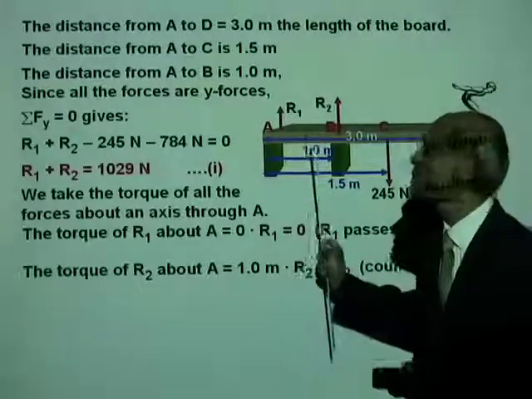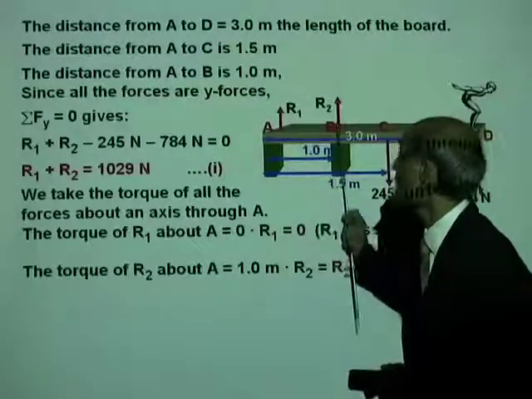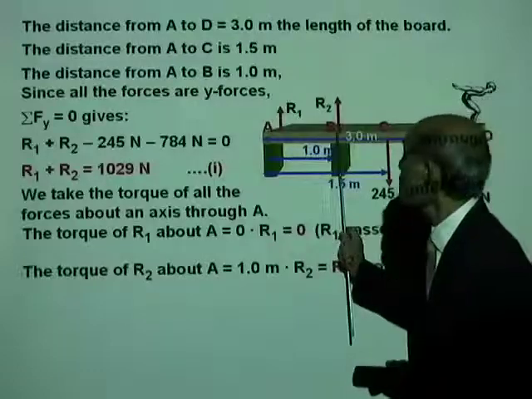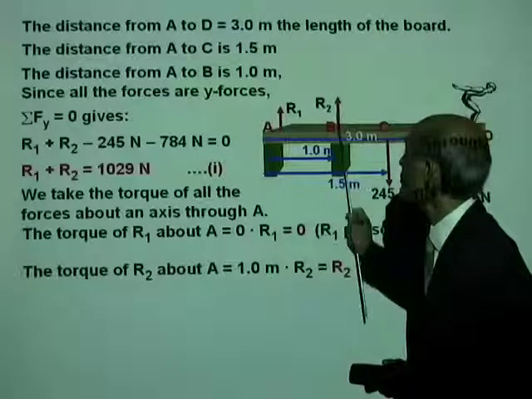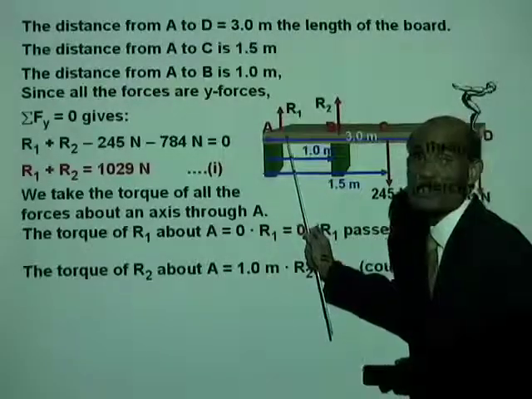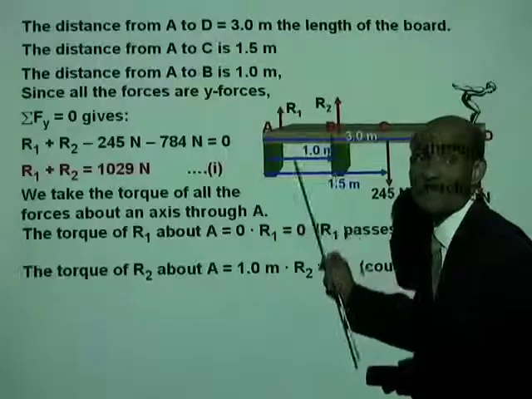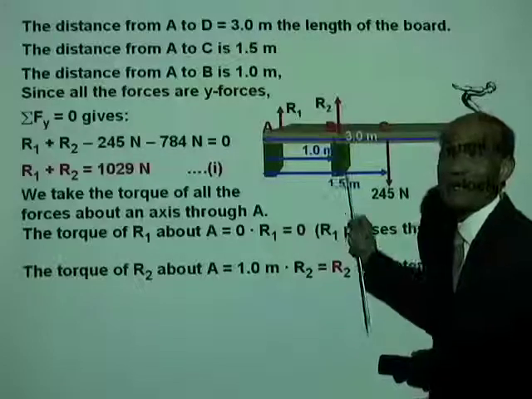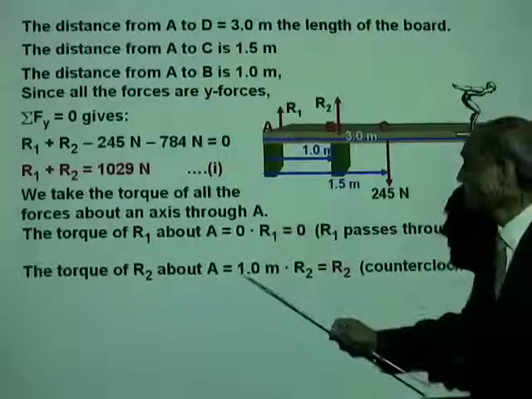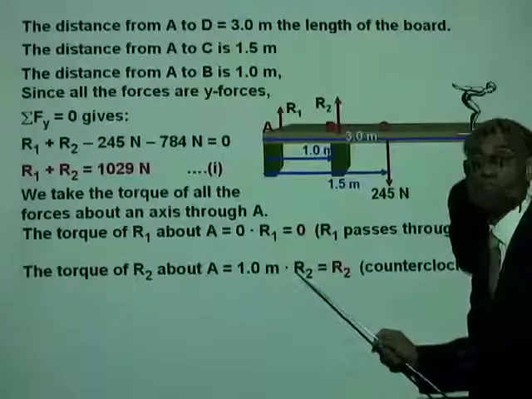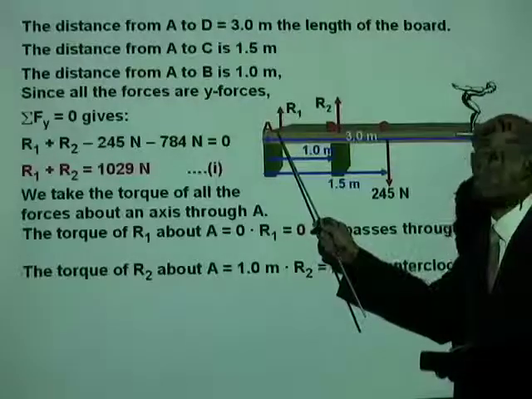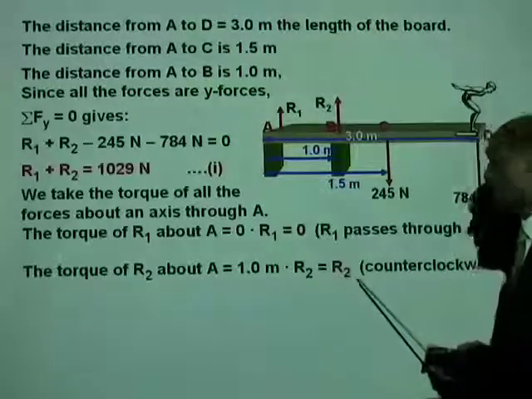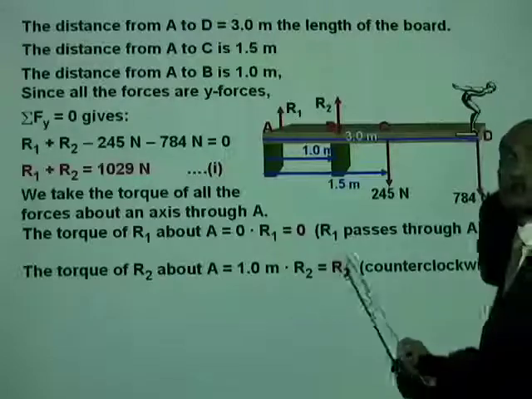Remember, torque is the torque arm multiplied by the force. What is the torque arm here for the force R2? The distance between A and B is 1 meter. So that will be 1 meter multiplied by R2. That is the torque of R2 about an axis that passes through A, and that will simply be R2.